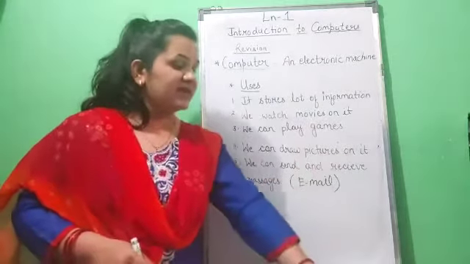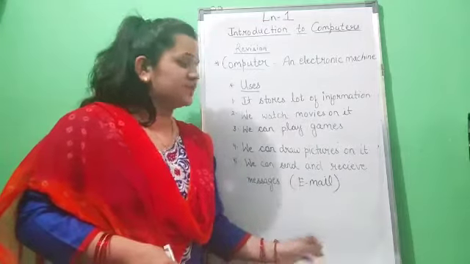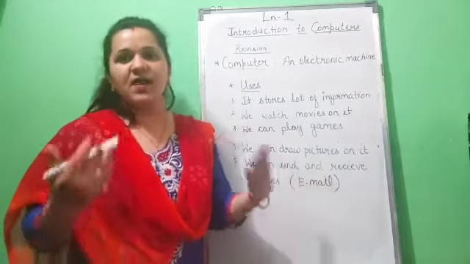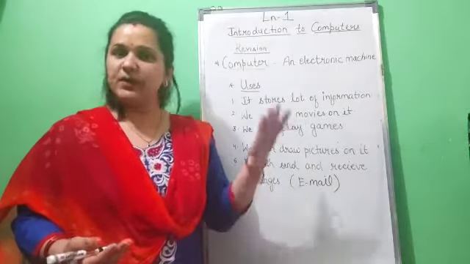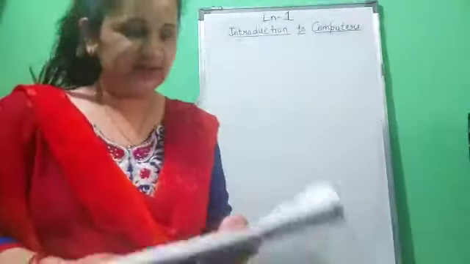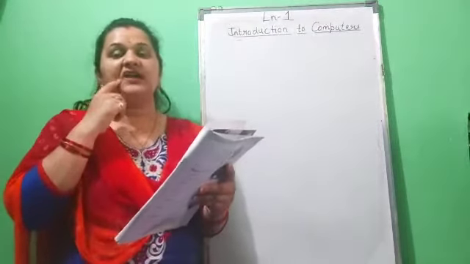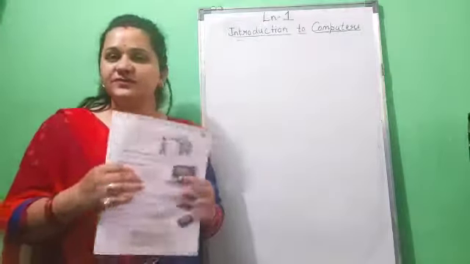Next, we studied the differences between human beings and computers, how a computer is different from a human being. So let us also take a quick recap of that topic. In this paragraph, we have studied that human beings and computers are different from each other. Now how? Children, a computer is a wonderful machine.